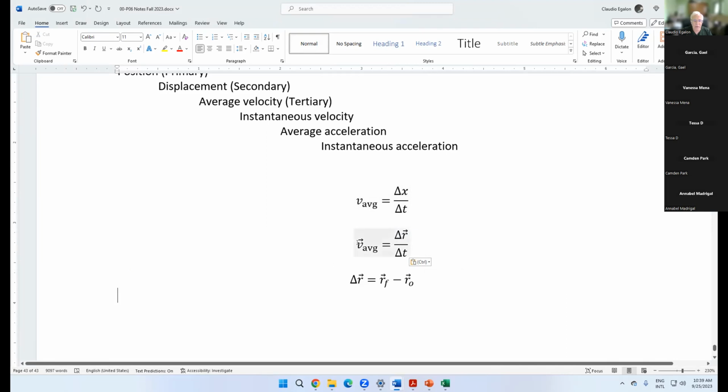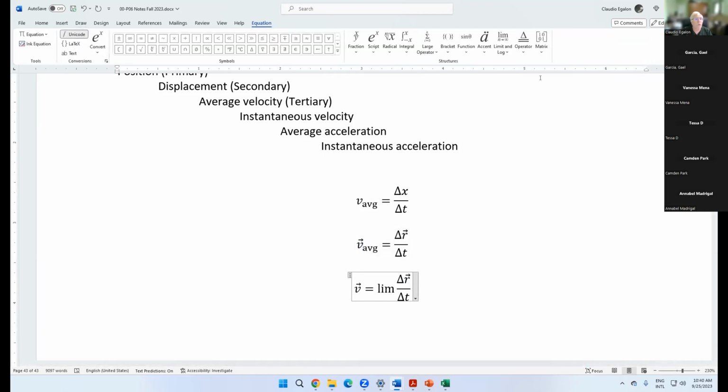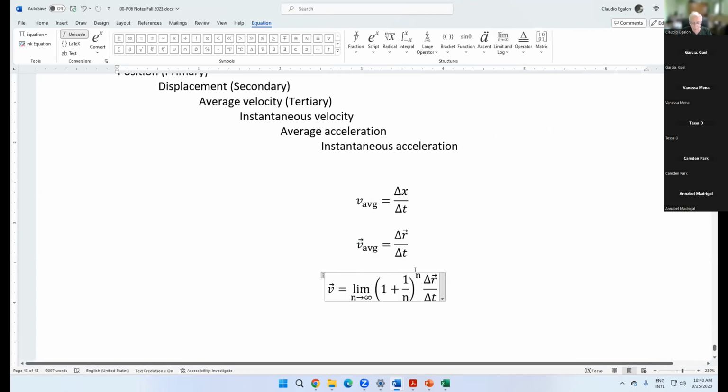And the instantaneous velocity vector is going to be likewise the limit in which delta R and delta t simultaneously go to 0.